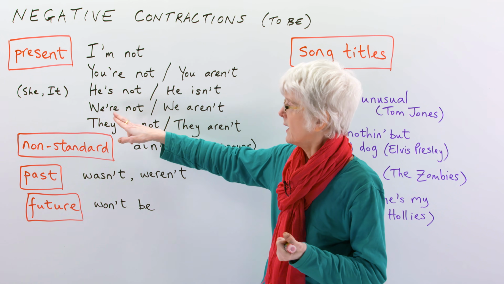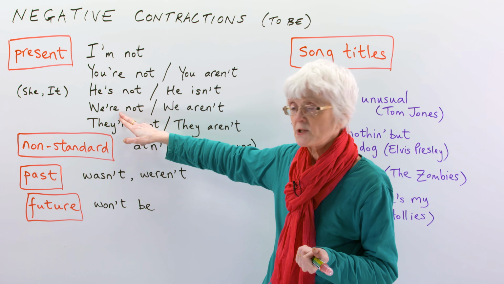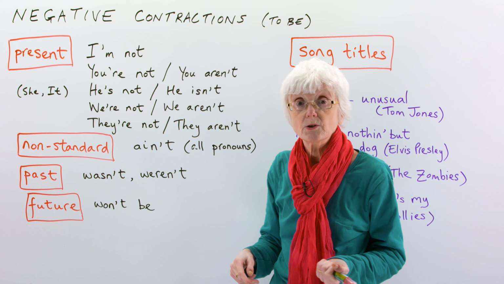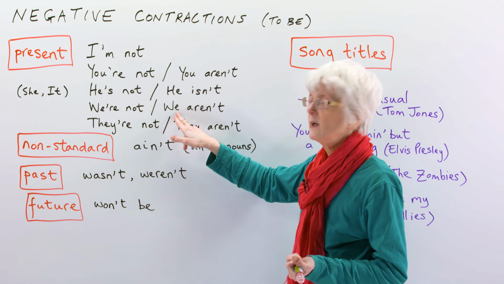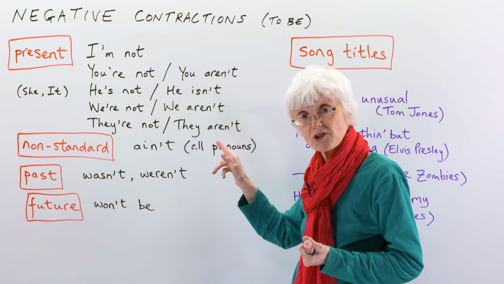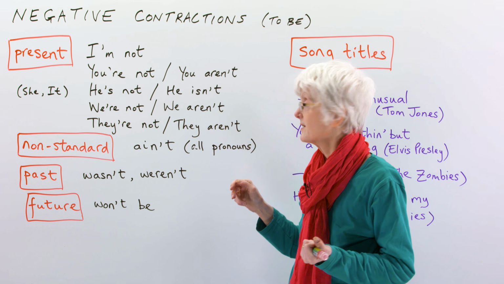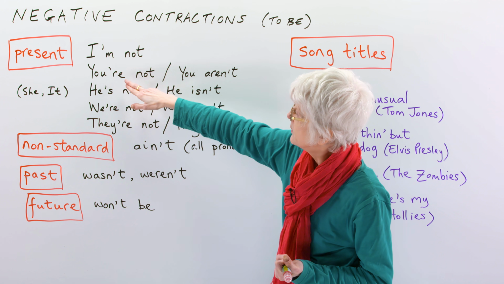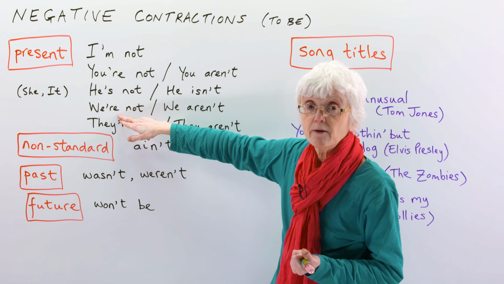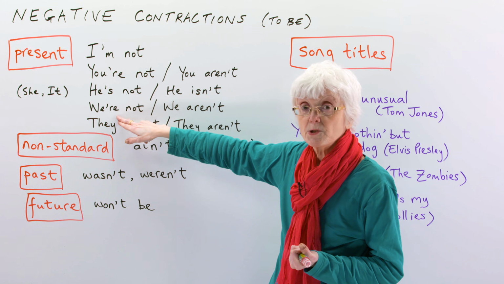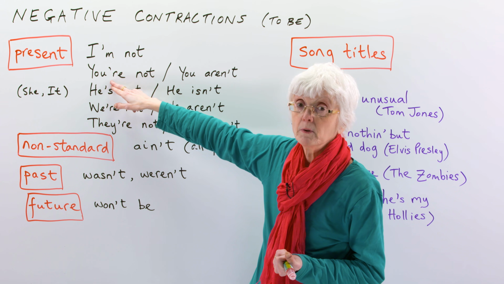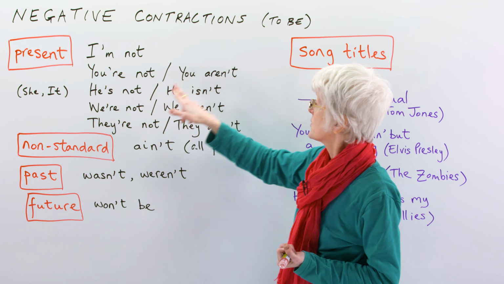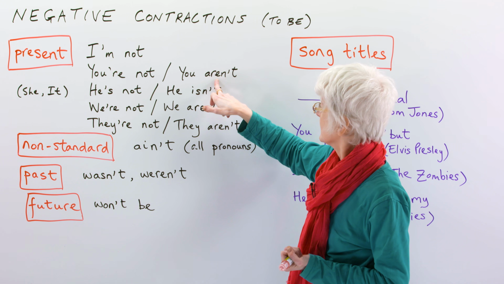Some people get a bit confused about how to say it. So we're not, or we aren't, we aren't. Okay? And then you will be the same again here in the plural. The second person plural is just the same. You, you're not, you aren't.